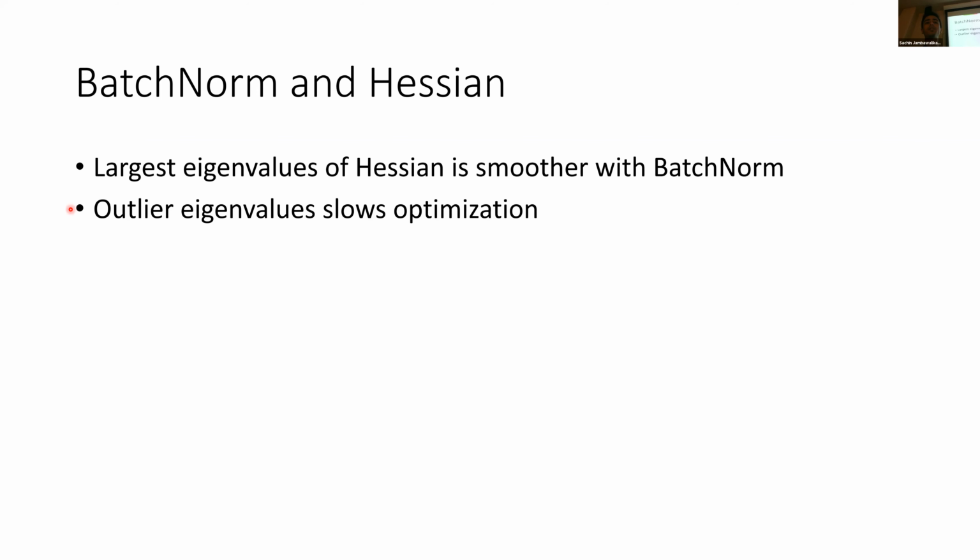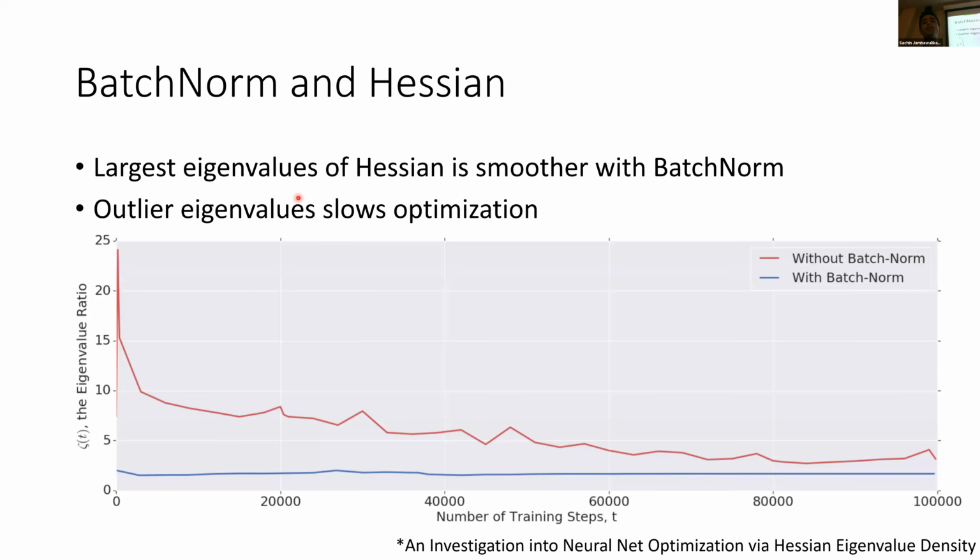Without batch normalization, they observe more outliers in the eigenvalues, and it slows down the optimization problem. So here they show the eigenvalue ratio, the ratio between the largest and the smallest eigenvalue for each Hessian matrix at different training steps, and the blue one is the network with batch normalization.